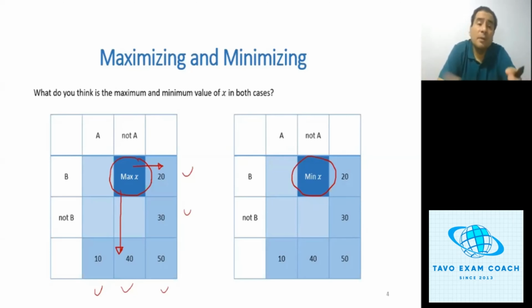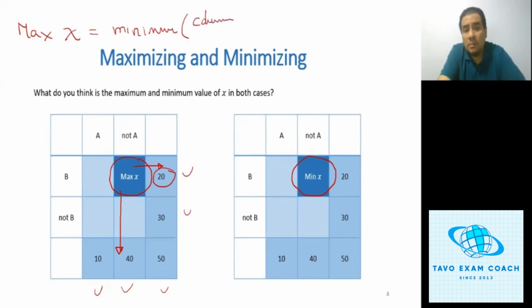So for example, X is part of row B and part of column not A. So we know that this count, X, cannot exceed any of the totals. So its max value should be 20. The max value of the intersection X should be 20. So you can write here a little something. The max value of a box is simply the minimum of the column total and the row total.